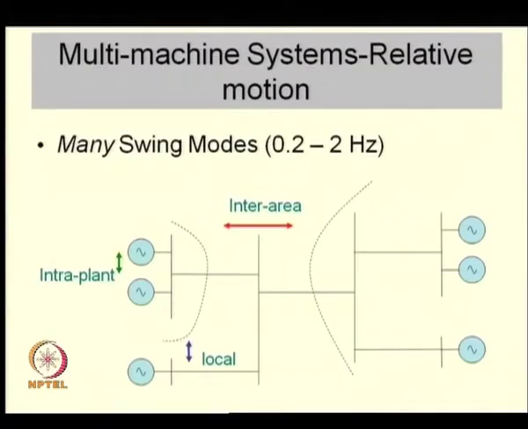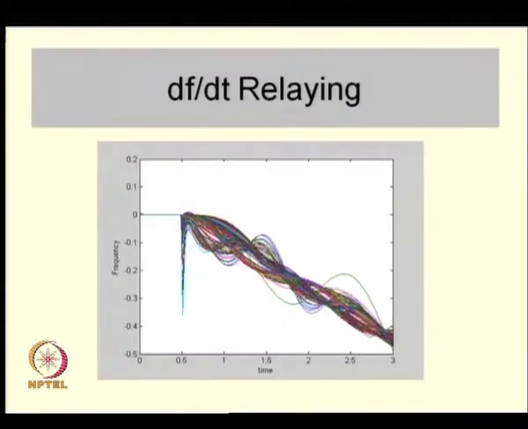Remember that although I have said that the center of inertia frequency depends on the load generation imbalance, the local frequency or frequency of an individual generator is often contaminated, or contains swings as well. So, what you see, for example, is the frequency of all generators or the frequency at various buses in the system.